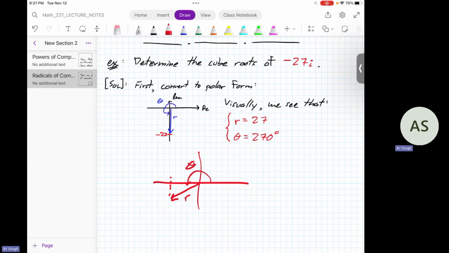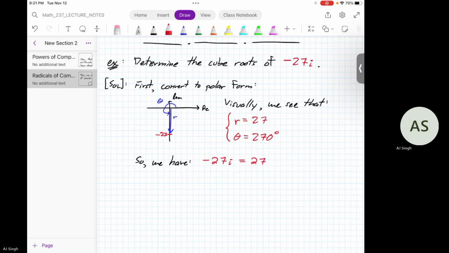In this case, we don't. So we figured out that negative 27i in polar form looks like this. So step 1 is done.